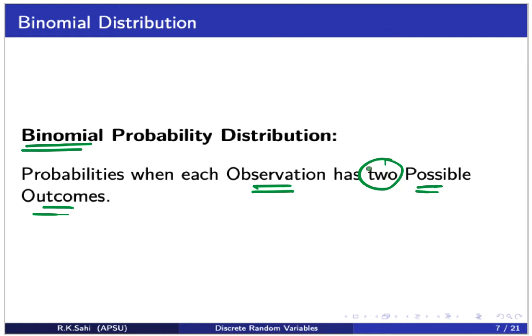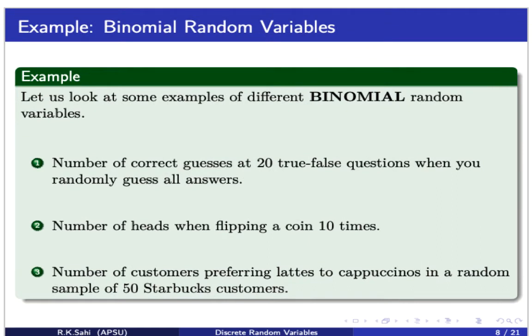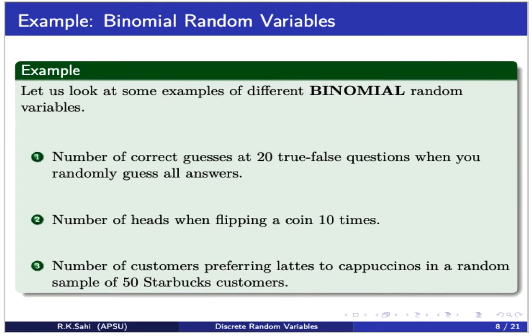So I'm just going to go over the questions here, which I just briefly talked about in this slide. So here is the formal expression. When we're looking at some different binomial random variables, such as the number of correct guesses on a 20 true-false question, or the number of heads when you flip a coin 10 times, or the number of customers who prefer lattes to cappuccino in a random sample of 50 Starbucks customers.